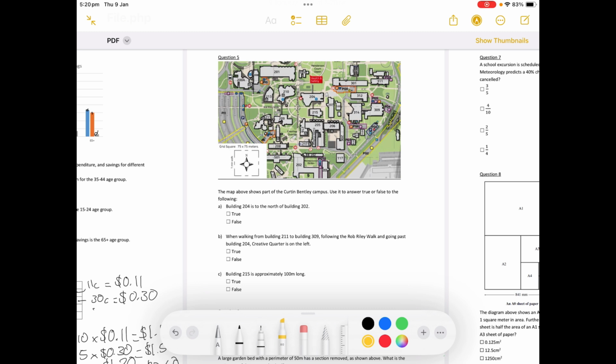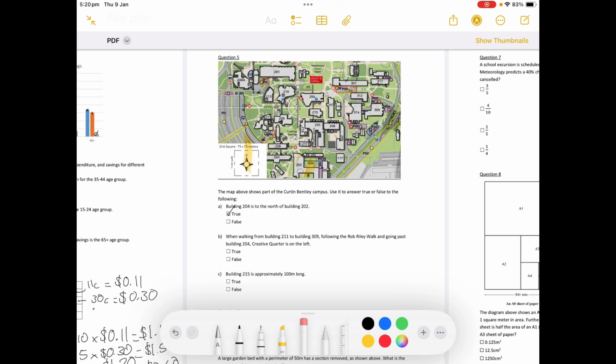I can see building 202 is here, and I can see building 204 is here. Now on my map, it also tells me which direction is north. So if I go straight up like that, that's north. I'm going up, so yes, I would say this is true. 204 is north of 202.